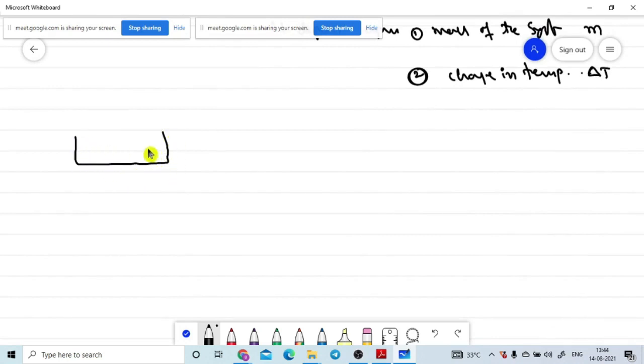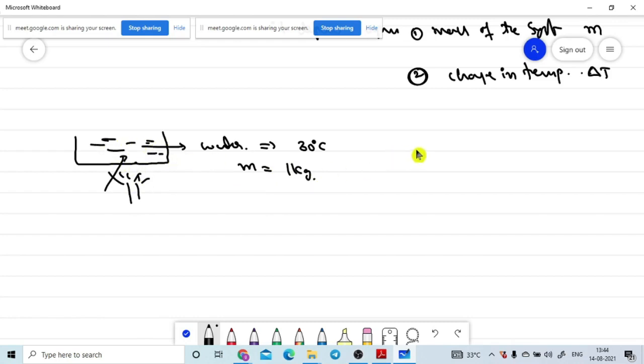Here I am taking water. The initial temperature of the water is 30 degrees Celsius, and the mass of the water is 1 kilogram. Here is a burner to supply heat energy to the water in the vessel. Now I am taking an identical burner, and here I am taking oil.